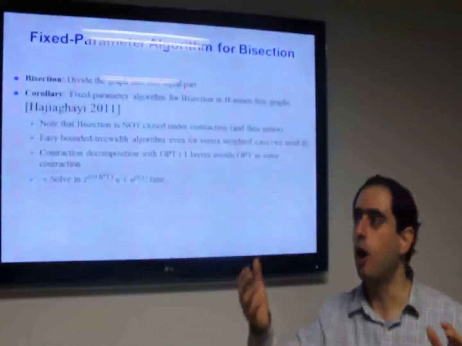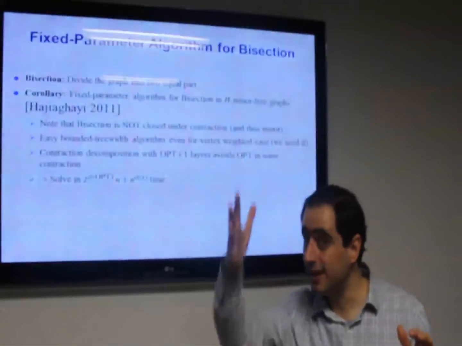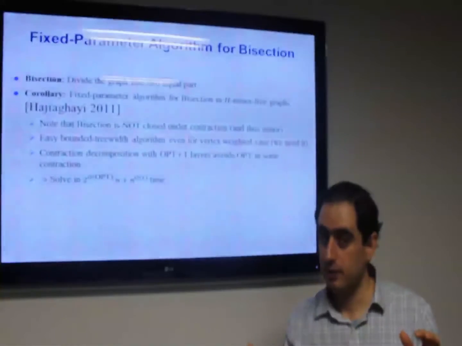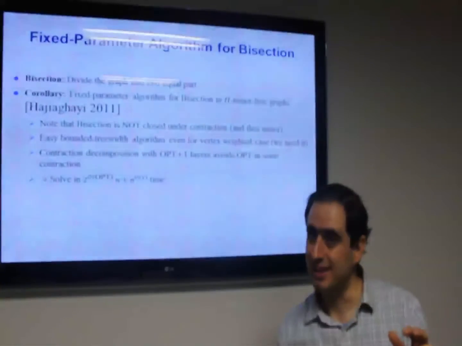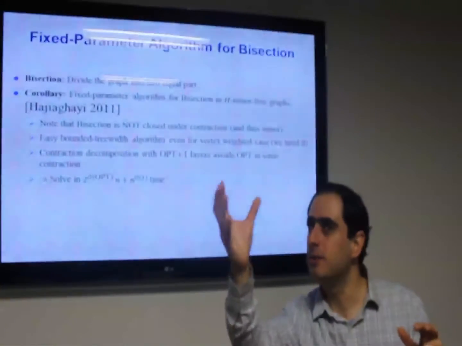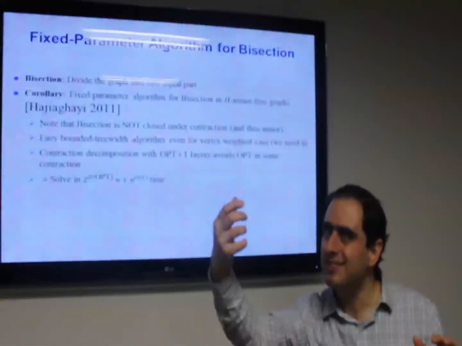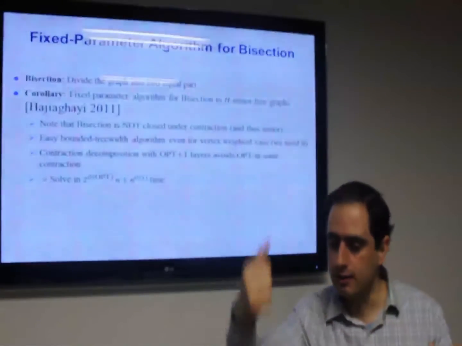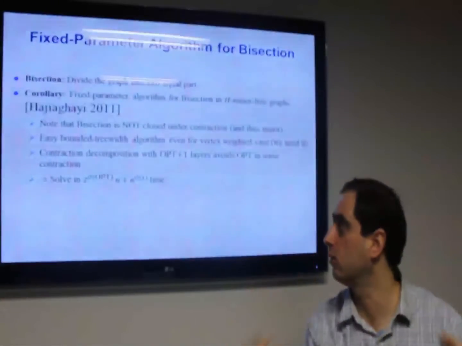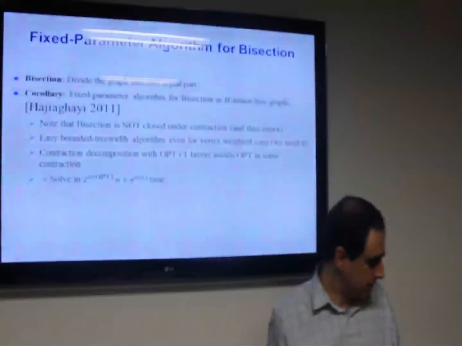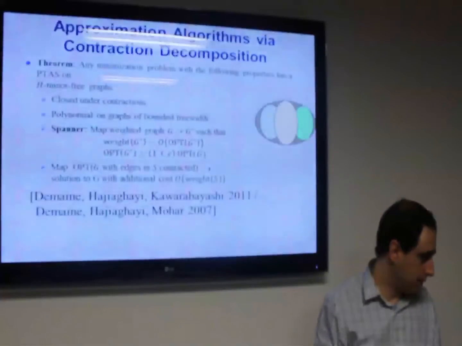Now you know that in one of these sets, the optimum does not select any edge. When it does not select any edge, it means that all of them will be connected, so you can contract it. Contraction essentially keeps connectivity. So we can contract them, then the graph has bounded derivatives, and we can solve it optimally. So that's another example of fixed parameter algorithms.